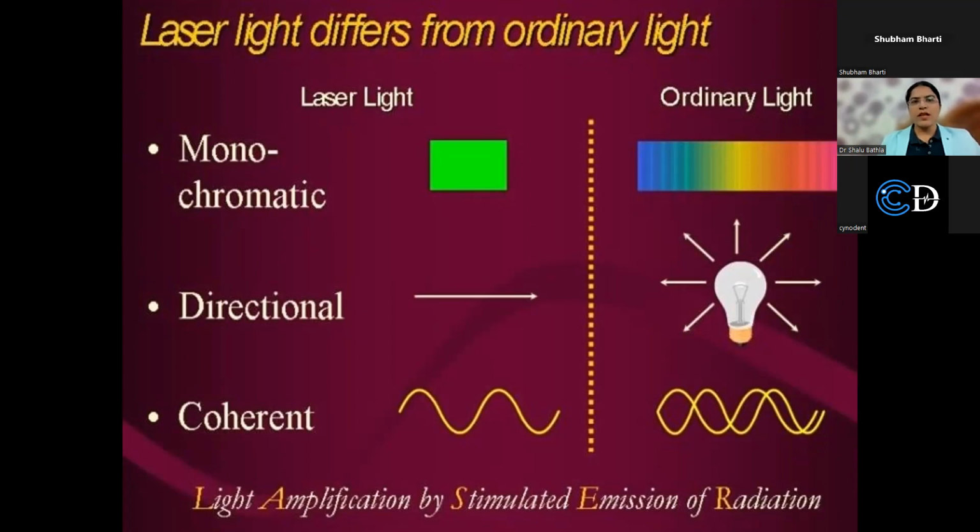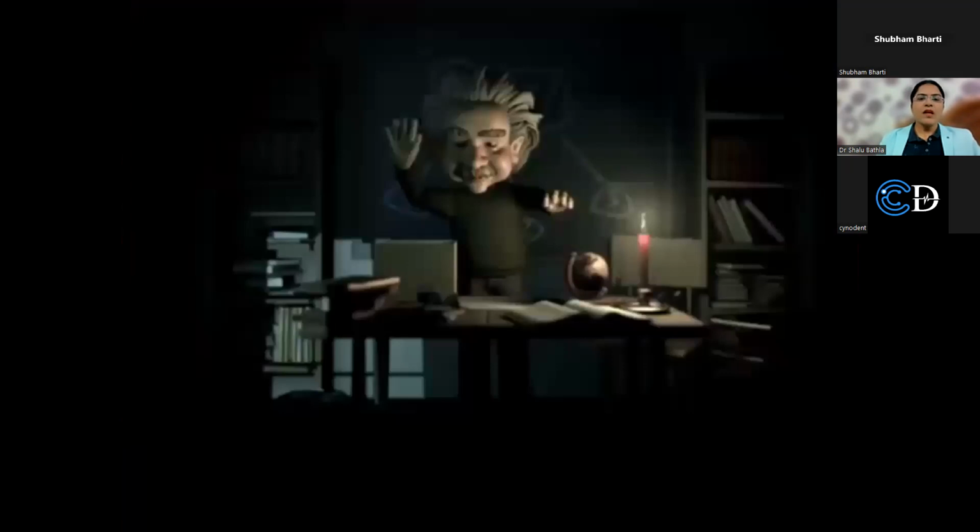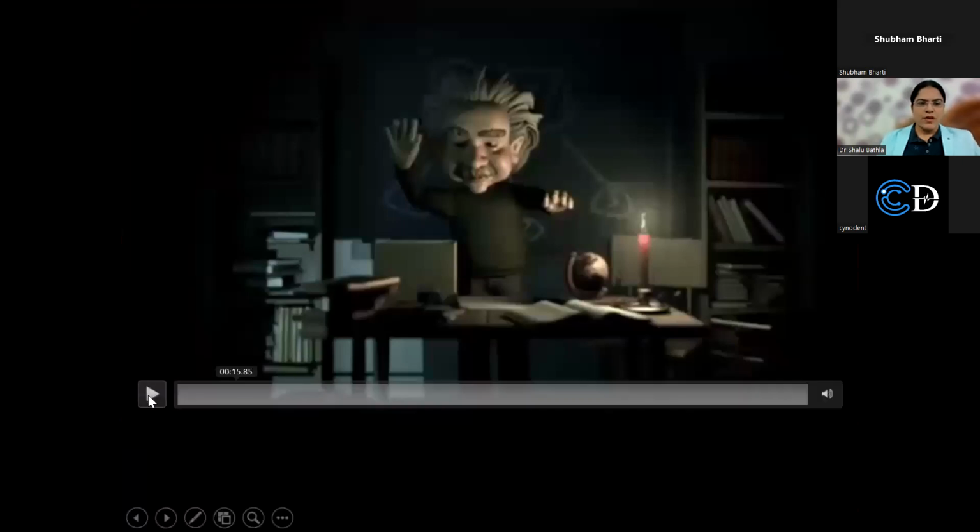It is unidirectional and it is coherent, that is, the crest of one wave will coincide with the crest of the other wave, and the trough of one wave will coincide with the trough of the other wave. So these are the three basic differences between laser light and ordinary light. This is a short video showing how the laser light is basically produced.